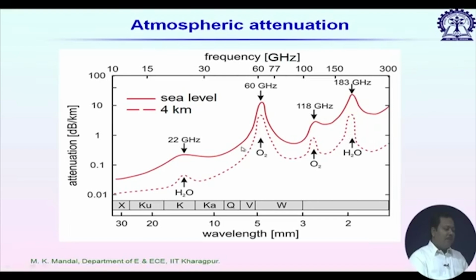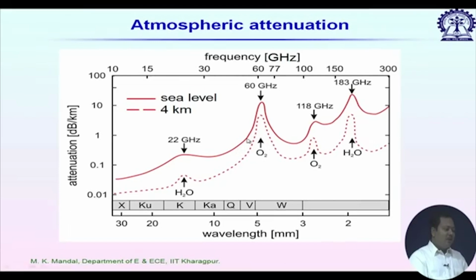That means we have some propagation windows. If we want to communicate over long distance, we have to use these windows. Otherwise, for example, if we use the 60 gigahertz band for long distance communication, the signal will be highly attenuated. This attenuation depends on frequency as well as height from the sea level.